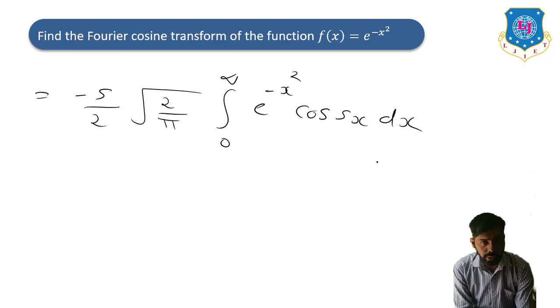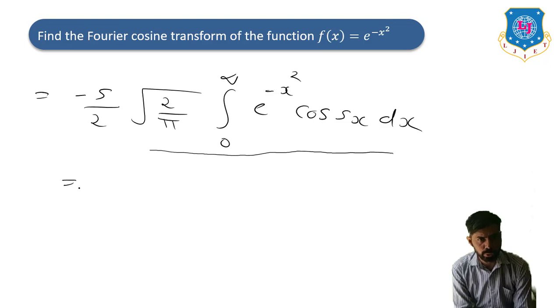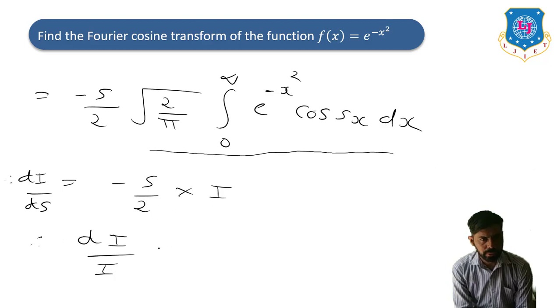Okay. Now this is what? From result 1 we can say that this is I. So this is equal to minus s by 2 into I. Therefore dI by ds is equal to minus s by 2 into I. So this can be written as dI upon I, that is equal to minus s by 2 into ds.